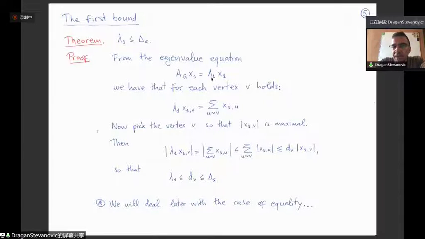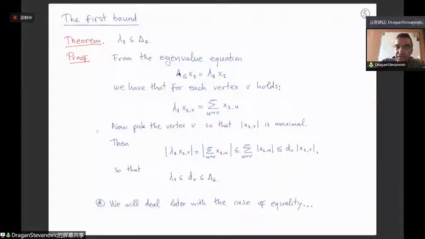We know that for lambda 1 and x1, we have the eigenvalue equation. And if we look at a particular row of this matrix equation, which corresponds to vertex v, on the right-hand side we will see lambda 1 times the v component of the eigenvector x1. And on the left-hand side, we know that A contains ones if a vertex is adjacent.